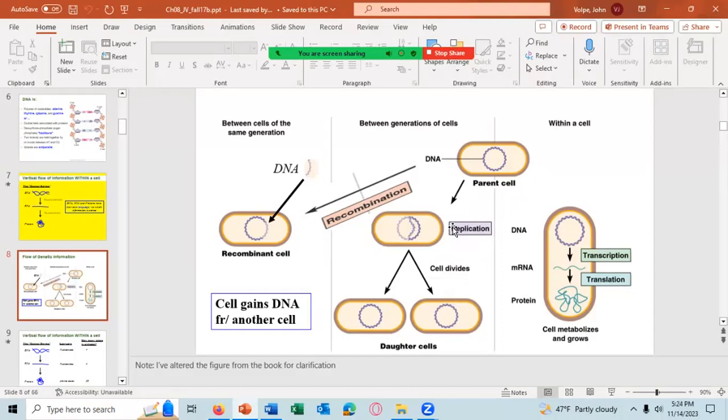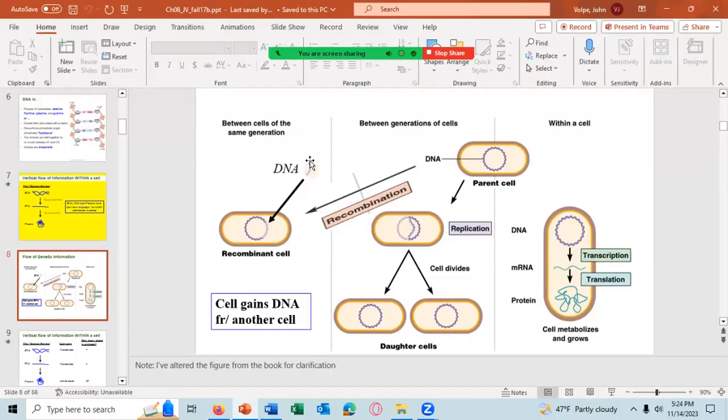You can also have the flow of information from a donor cell flowing to a recipient cell. And this we call the flow of information between cells of the same generation. Usually what happens is the DNA leaves this donor cell. Usually that happens when the cell dies. And then the DNA is naked DNA, and it can be taken up by a recipient cell, which we call the recombinant cell.